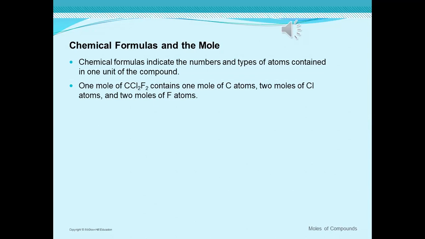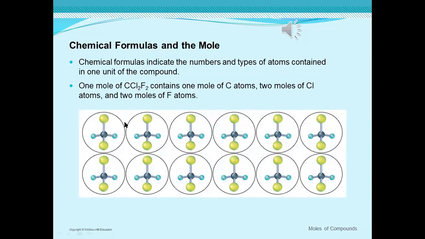So 1 mole of CCl2F2 contains 1 mole of carbon atoms, 2 moles of chlorine atoms, and 2 moles of fluorine atoms. Understand? Yes. And this is the structure of this compound.